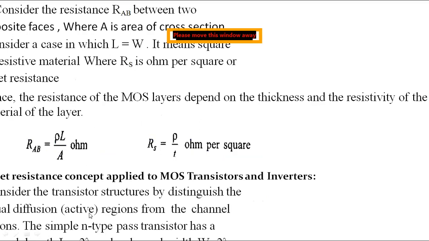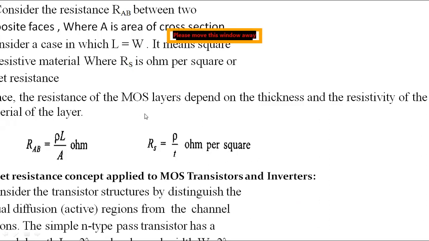Okay, consider a resistance RAB between two opposite faces, where A is the area of the cross section. In the case of L equal to W, it means a square of resistive material, where Rs is in ohms per square, the sheet resistance.